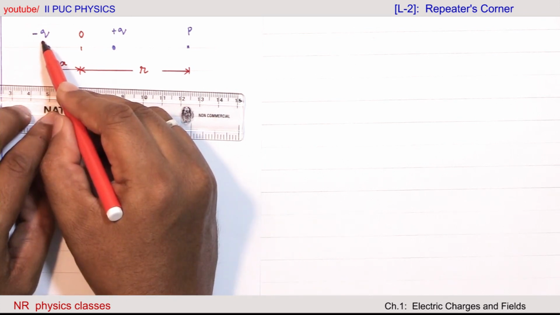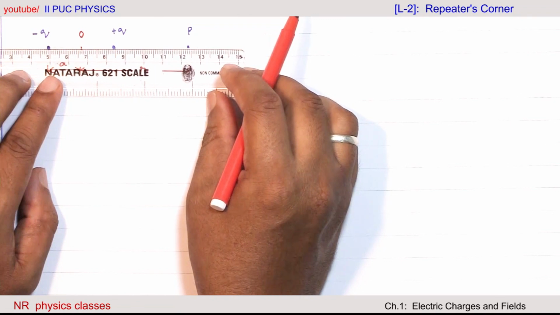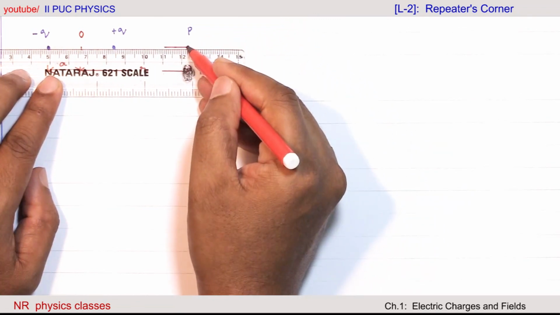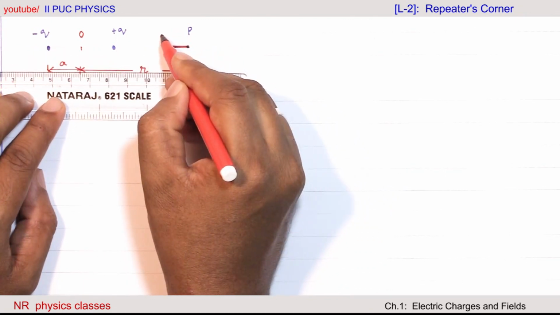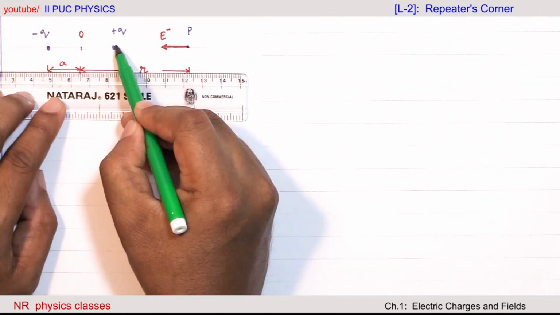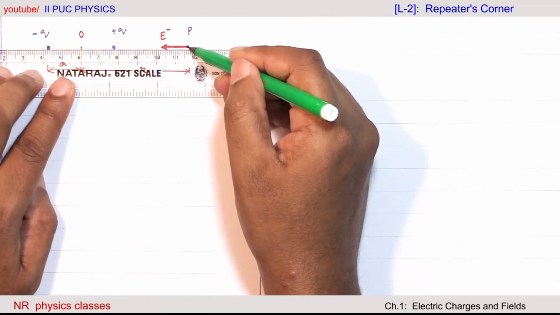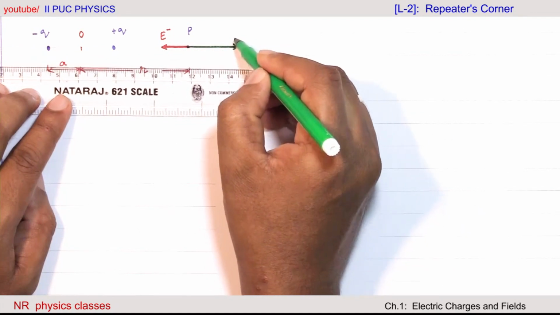Because of the negative charge, electric field at P is towards the charge. From P we have to draw the electric field. So this is E minus. Because of the positive charge, electric field at P is away. So this is E plus.